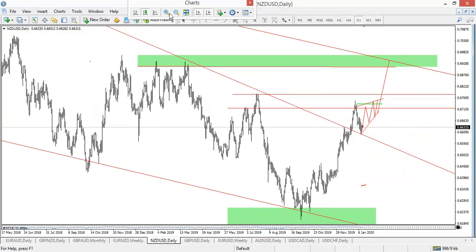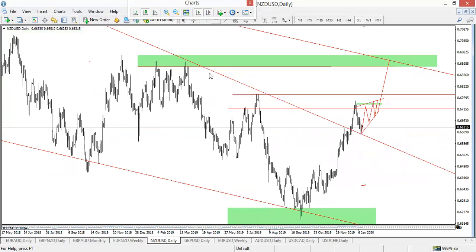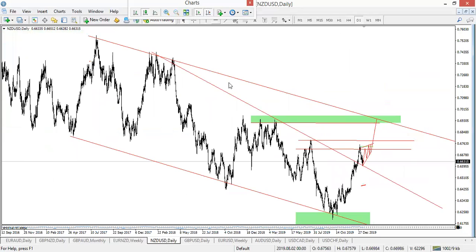So what you should be looking at here, because on this trend line that you see, the pair got broken out of this trend line, there has been a retest of this trend line, and it's possible that this might continue up to the top side, right?